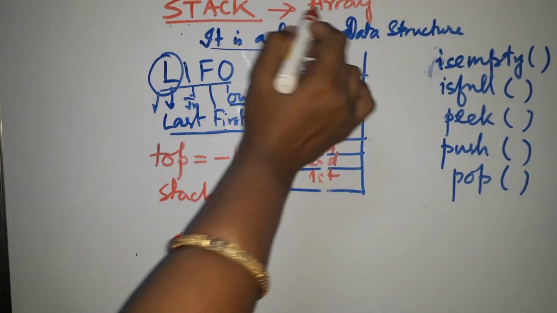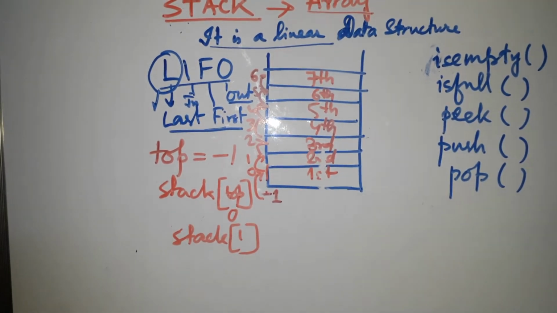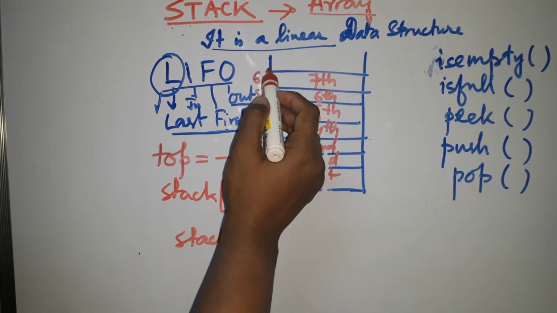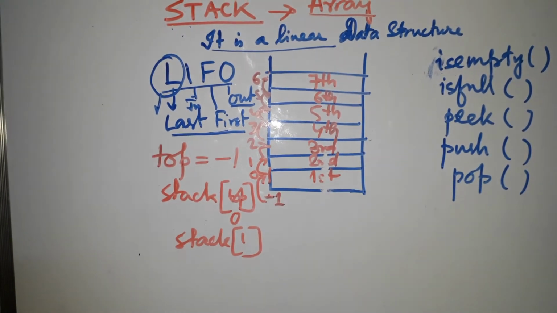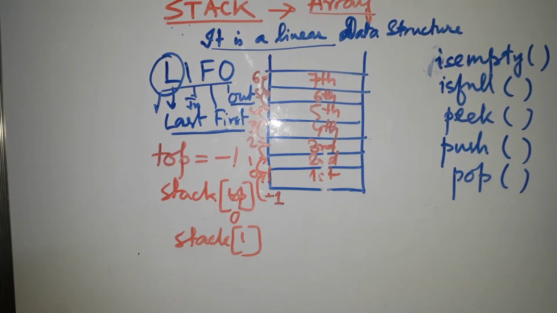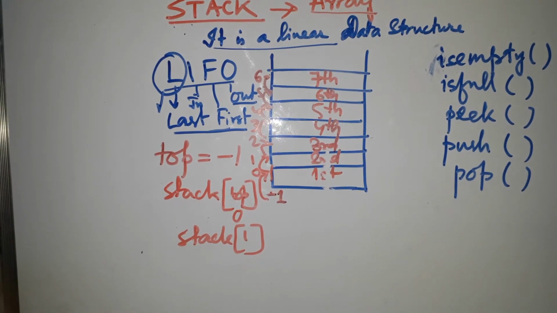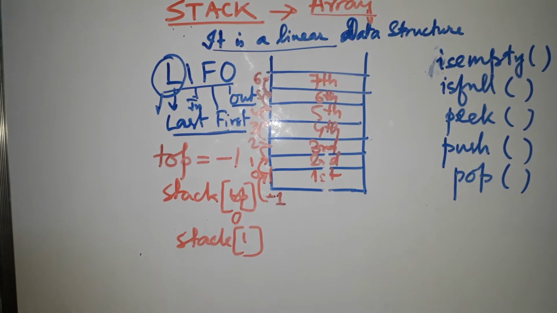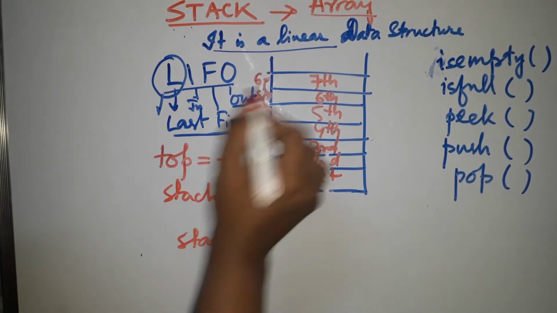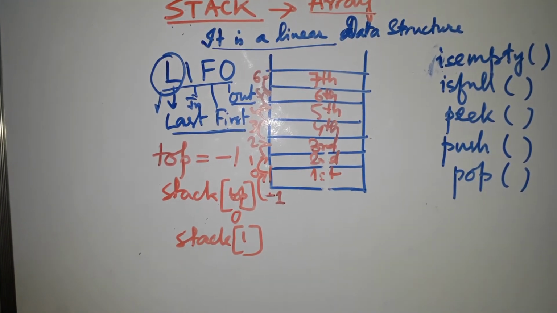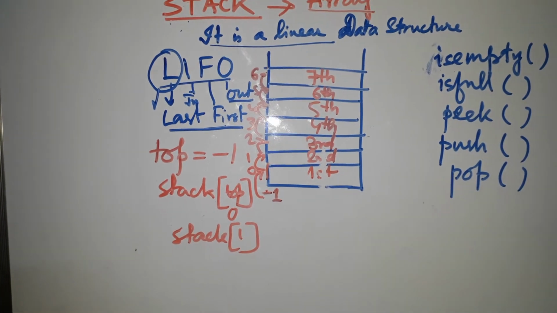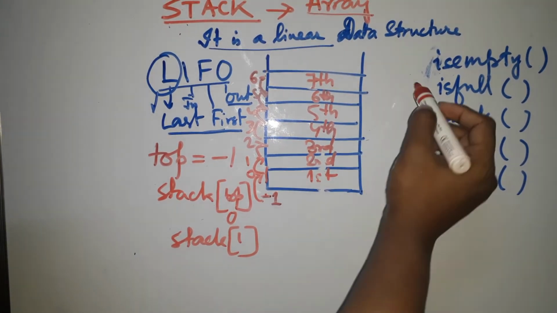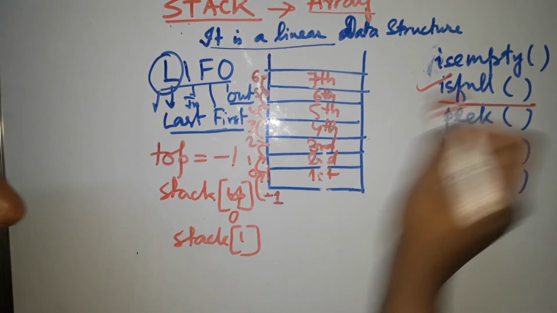Now suppose the max size is the 6th position. When it is reached, can I still insert some data? Is it possible? No. That is the condition where we have to stop our insertion. This condition is known as the isfull condition.